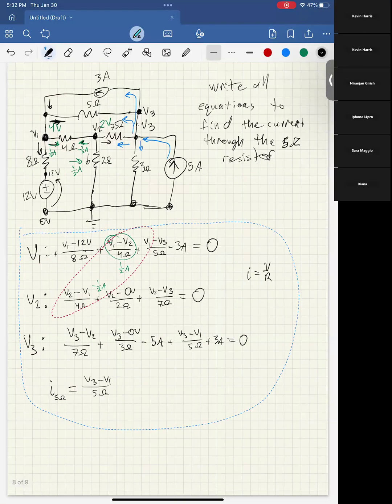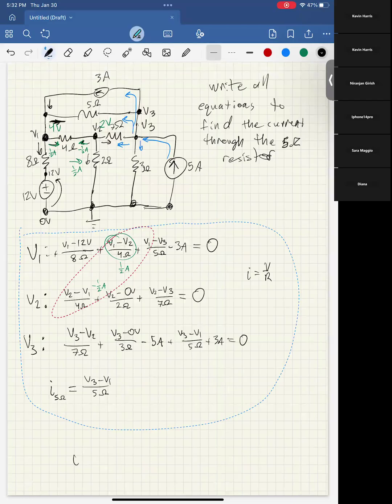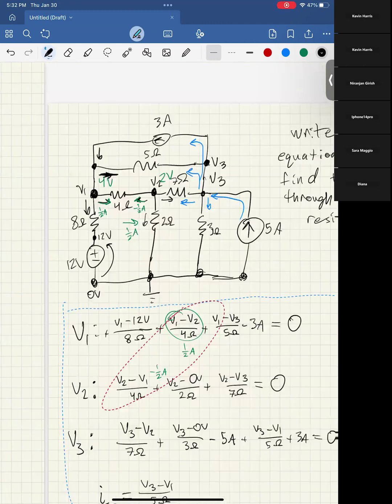And can I explain the last part? The question was: write all equations necessary to find the current through the 5 ohm resistor. This last equation is just the current through the 5 ohm resistor. Again, the current through a resistor is the voltage across the resistor divided by the resistance.